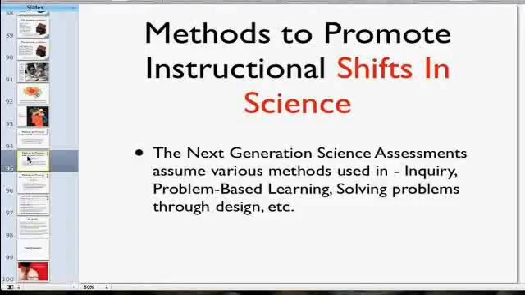One of the most interesting parts that I found was that there is not only the scientific method embedded in them, but also a heavy dose of engineering and design. So using design to solve problems, and a great deal of interdisciplinary ideas, how to have science be across the curriculum.